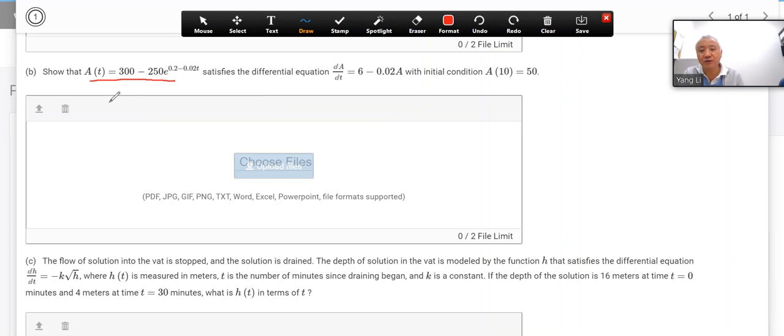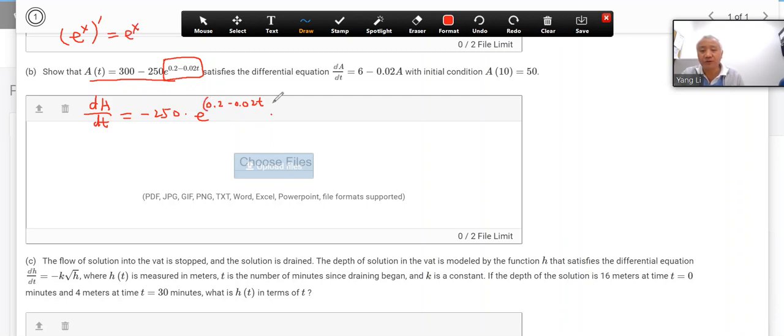So what you need to do is simply take the derivative. So you do dA over dt. The constant 300 has derivative 0, and this is negative 250 times the derivative of this. For the exponential, you just keep it as e to the 0.2 minus 0.02t, because the derivative of e to the x is still e to the x.